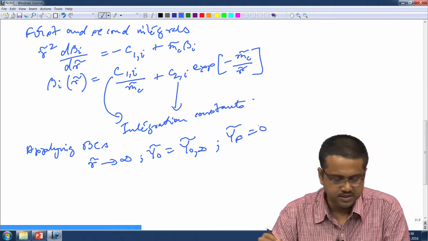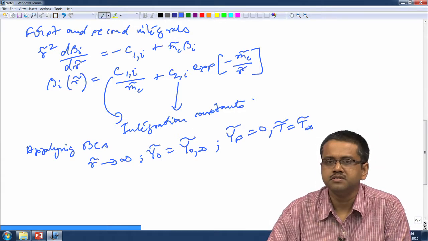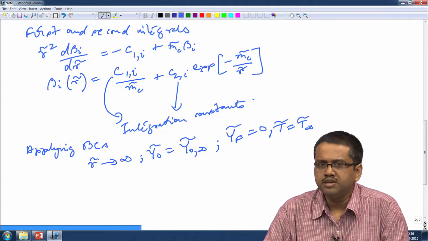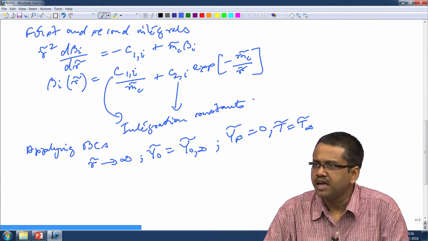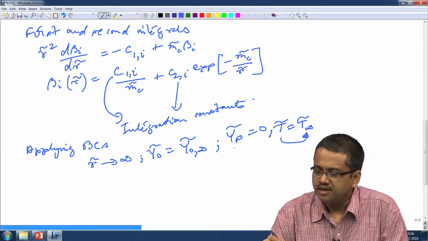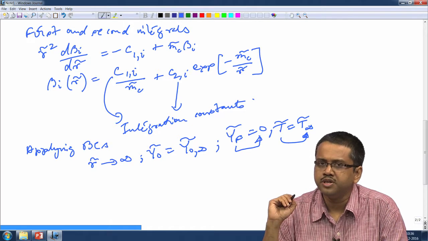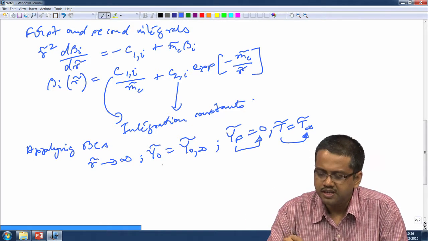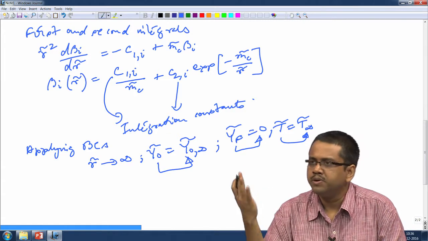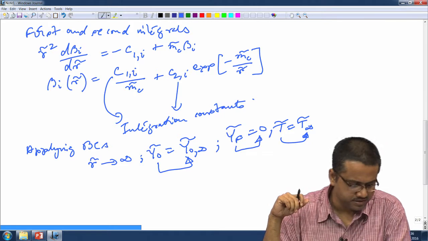The fuel will be 0 and the temperature will be the same as T infinity. Even without the non-dimensional symbols you can make out that the temperature should go to the ambient temperature. The concentration of the fuel vapor will be equal to 0 far away from the droplet, and the concentration of the oxidizer will be whatever its initial concentration was in the normal ambient.